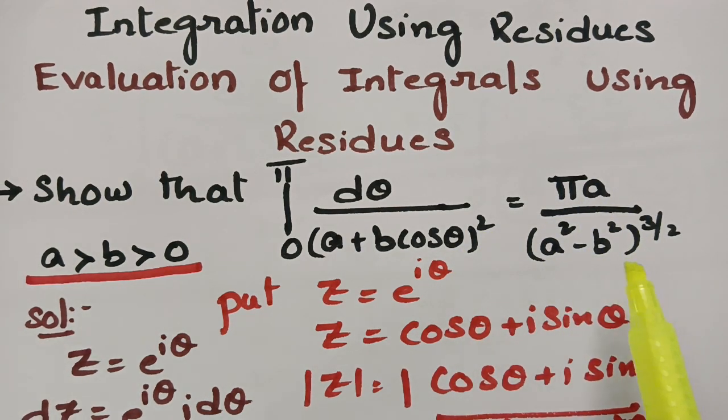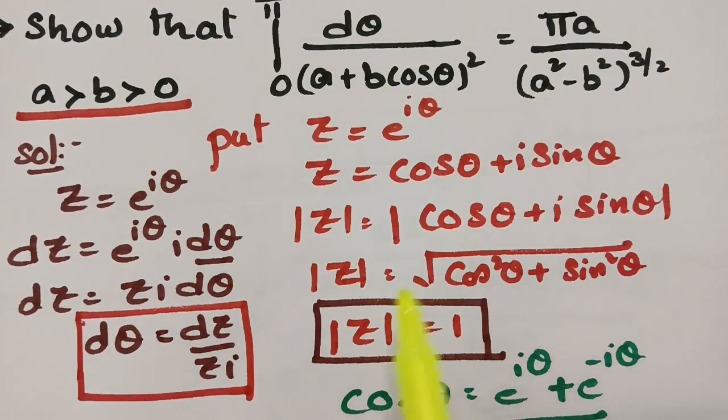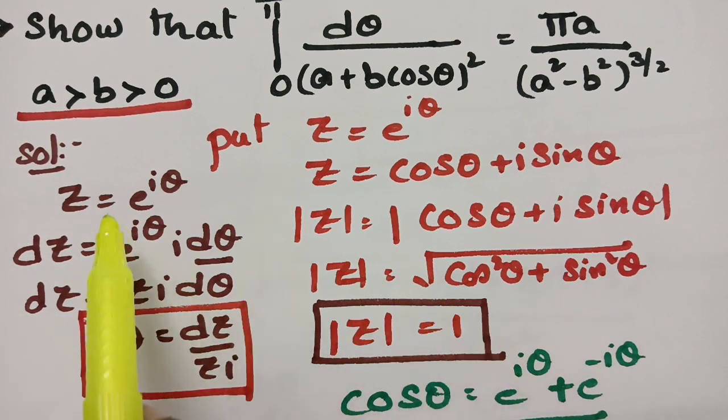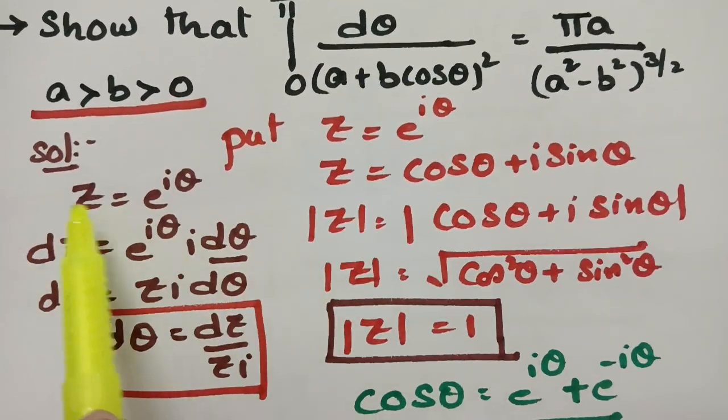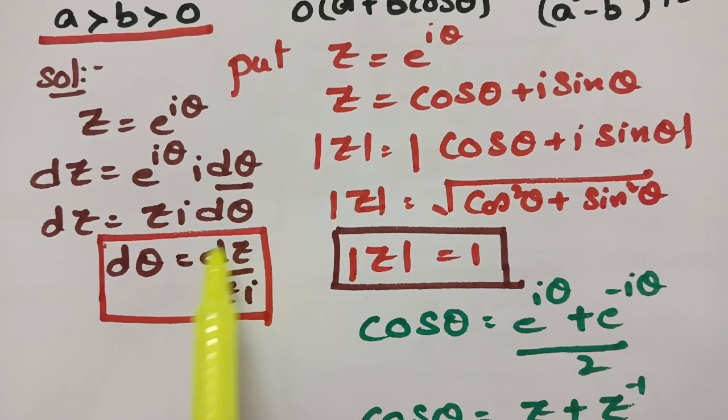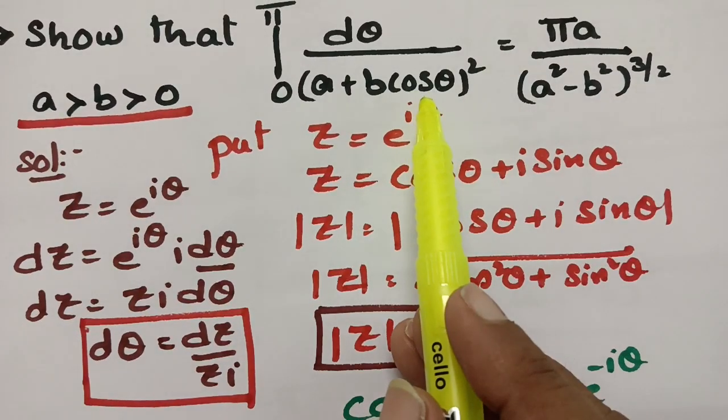Every time I take z equal to e power i theta and mod z equal to 1. So this is the region, a circle with center 0 and radius 1, and I need the d theta value. For d theta, z equal to e power i theta, and if I take the derivative, d theta comes out like this, and again I need the cos theta value.